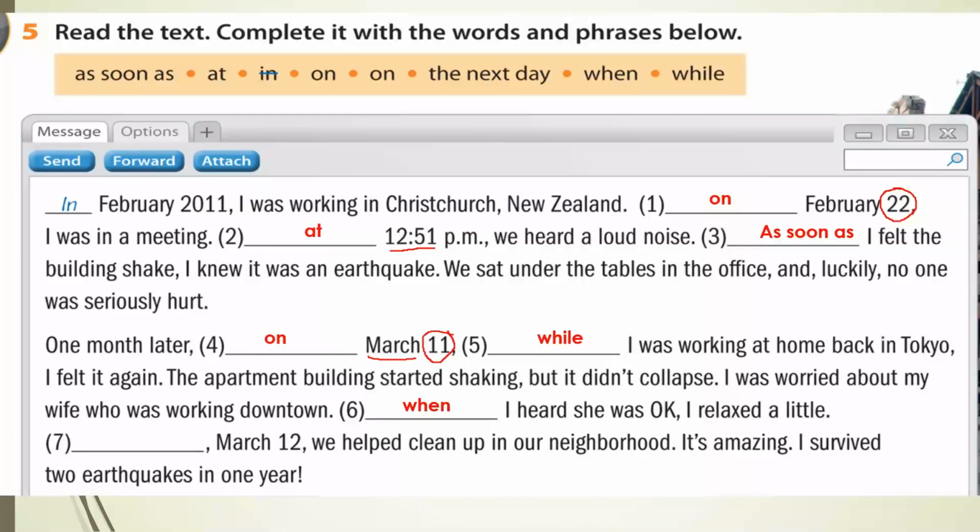Remember, we were talking about March 11, and now we are talking about March 12. It means the next day, the day after. So the next day, March 12, we helped clean up our neighborhood. It's amazing. I survived 2 earthquakes in 1 year. Okay, then we're done with this part. Next one.